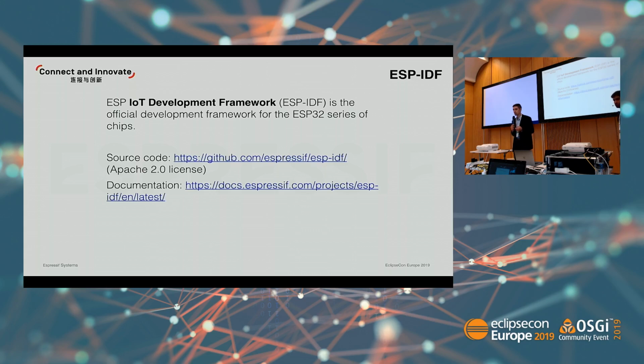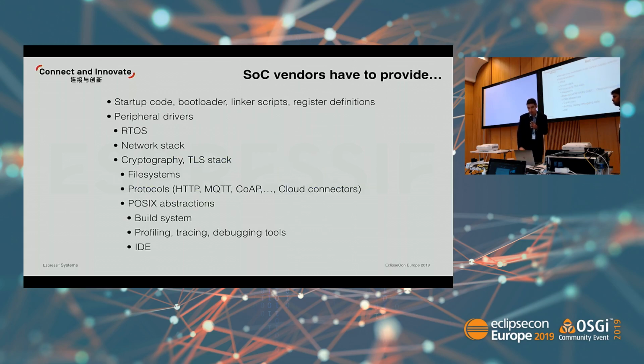So we have quite a lot of contributors there. The SDK has some online documentation, so if you are interested in getting started with ESP32, then you can check it out. It includes getting started guides and all the things you need to follow to go into the detail.